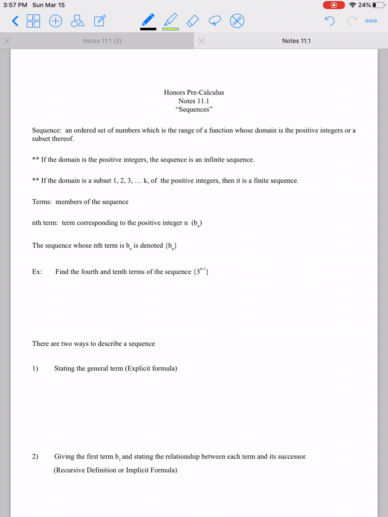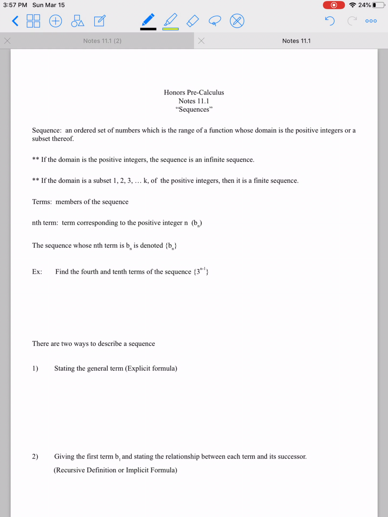Terms are the members of the sequence, and the nth term corresponds to the positive integer n. So b sub 5 would be the fifth term. The sequence whose nth term is b sub n is denoted by b sub n in that braces notation. That would be the formula of the sequence.